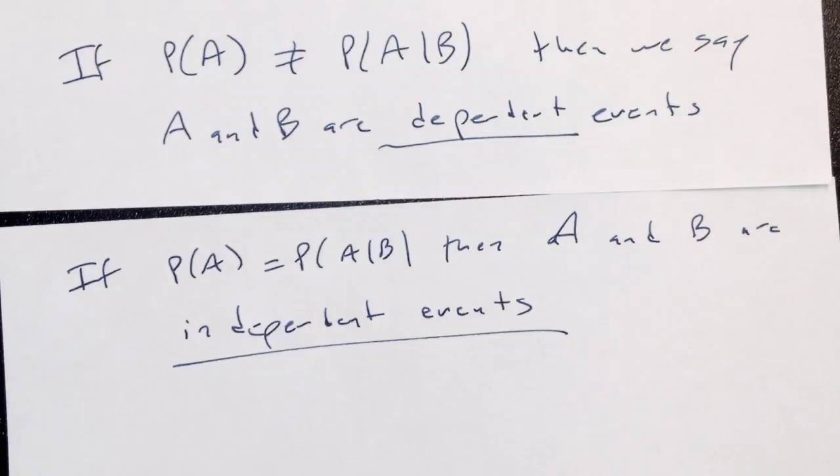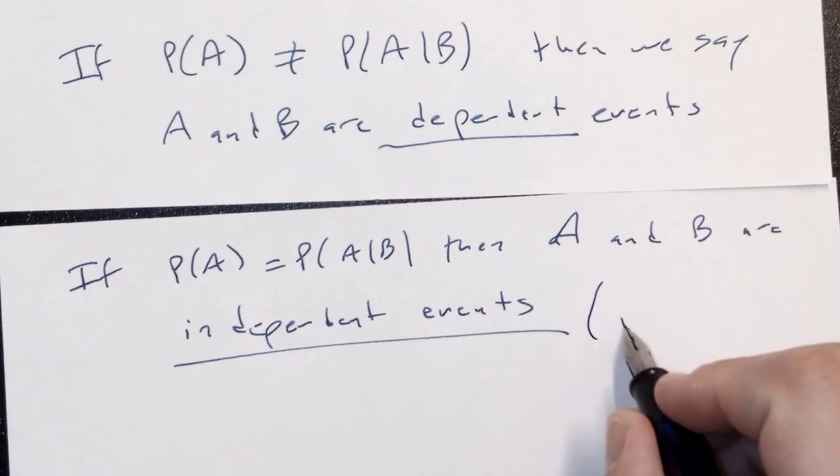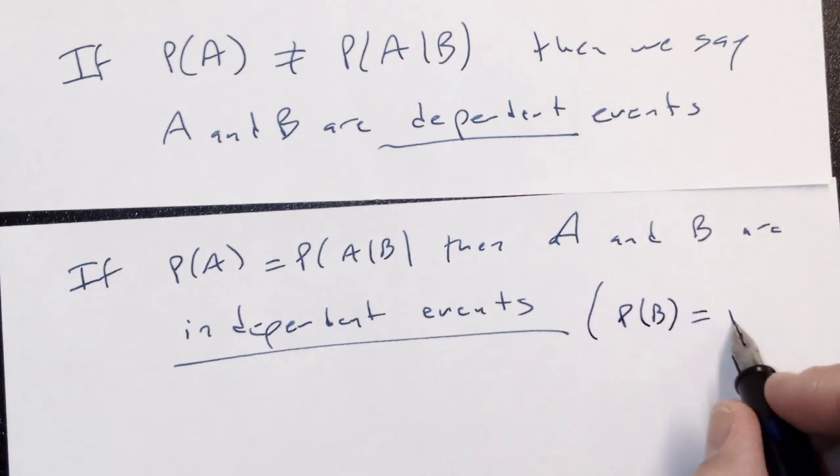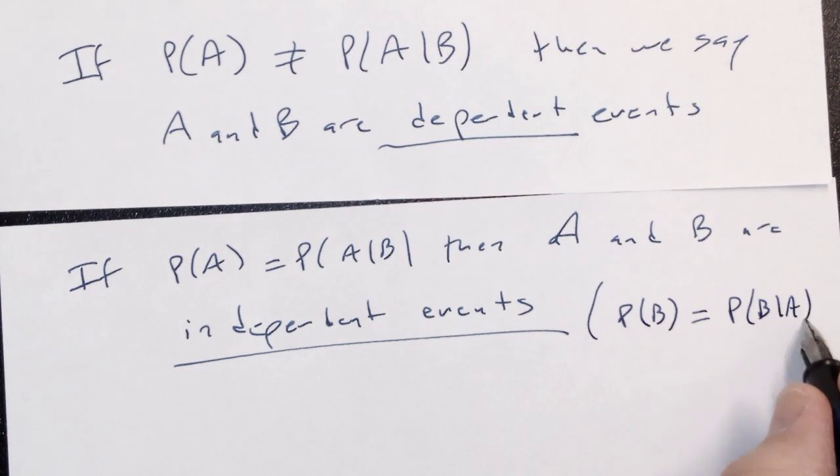Now, again, the order matters. If I were thinking about the probability of B, I'd have to think about comparing that to the probability of B given A.